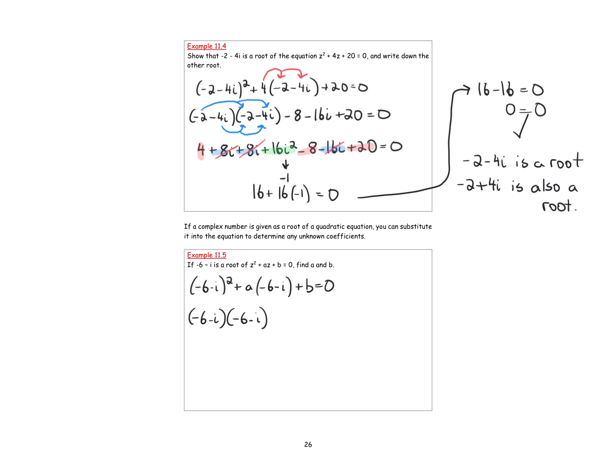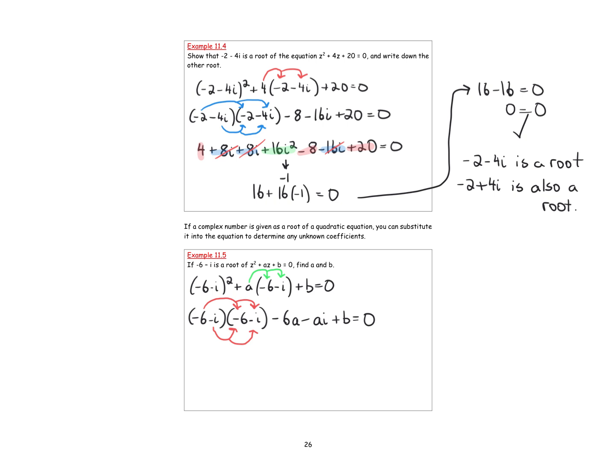We'll then have a times minus 6 and a times minus i, leaving us with minus 6a minus ai plus b is equal to 0. On the next line, I'm going to multiply out the brackets. We have minus 6 times minus 6, minus 6 times minus i, minus i times minus 6, and minus i times minus i.